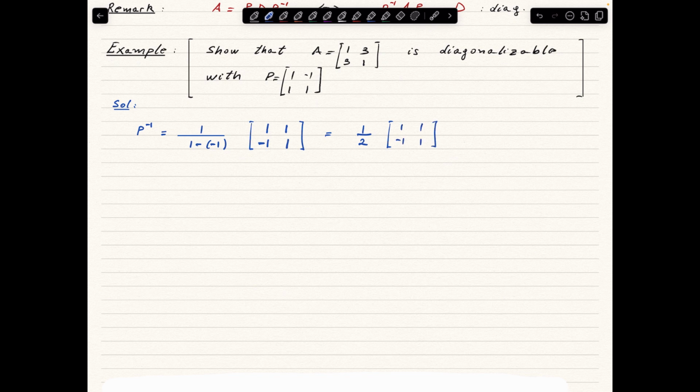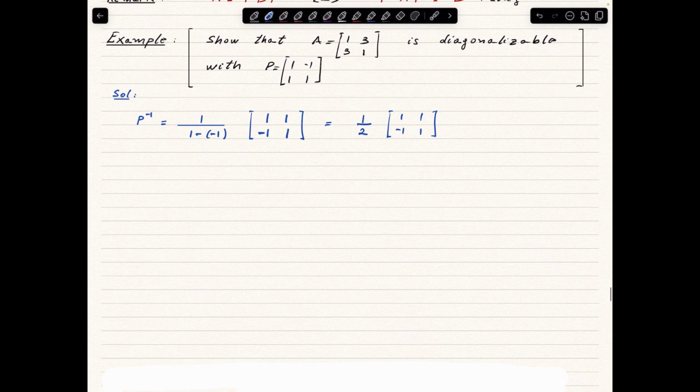Once we have this matrix P inverse, we can compute then the product of P inverse, matrix A and P. What do we get? Well, P inverse is 1/2. Then we have 1, negative 1, 1, 1. Then we put our original matrix. The matrix is 1, 3, 3, 1.